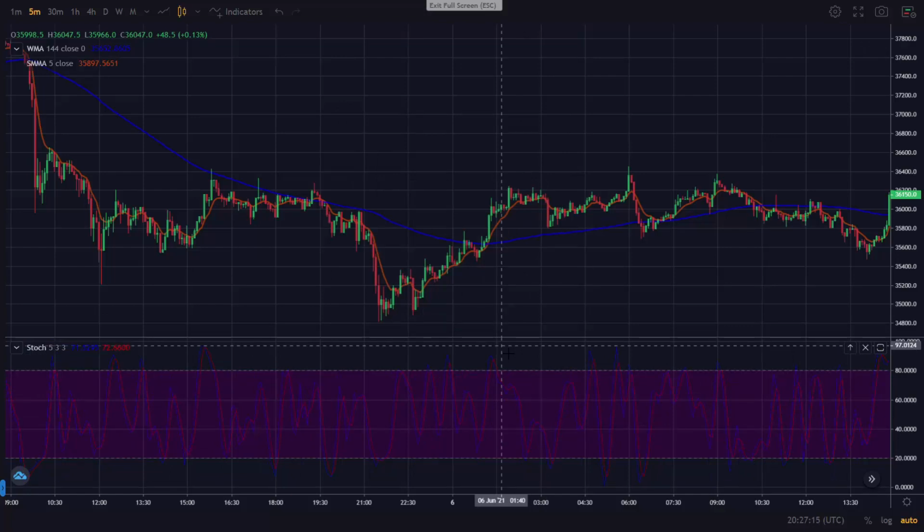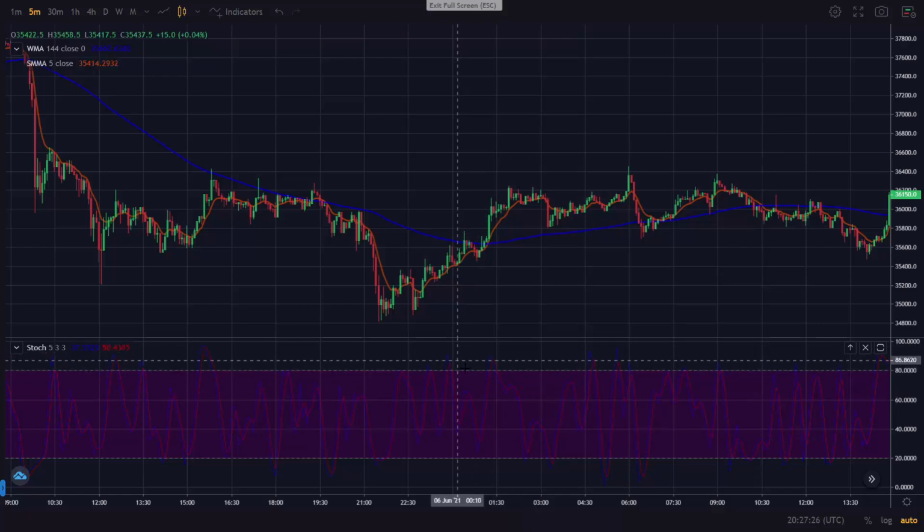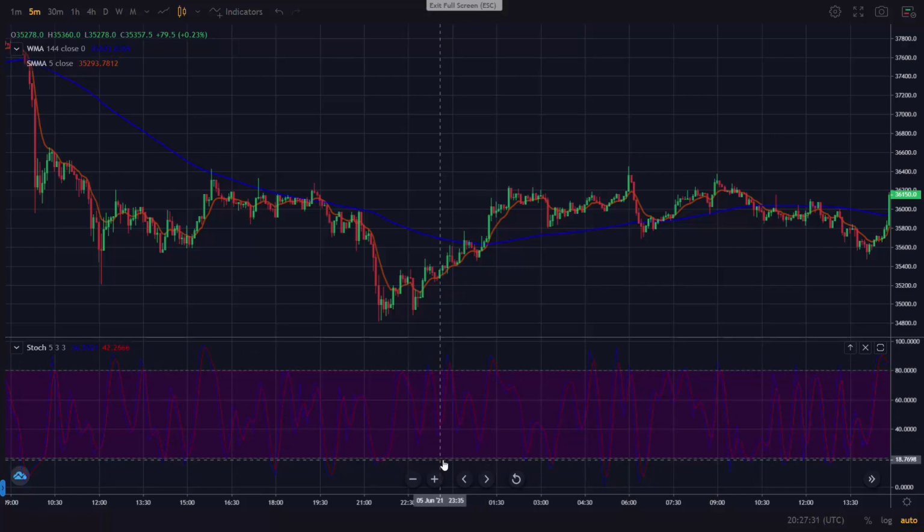So those of you familiar with trading know that the stochastic is used to show overbought and oversold situations. The area above the purple area, basically 80 and above, is the overbought area, and 20 and below is the oversold area.